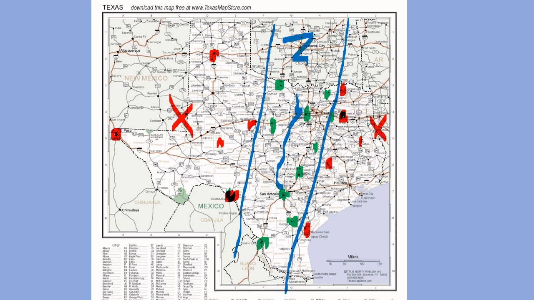After you've done this enough, you'll start seeing this pattern of this strip running across Texas and maybe even Oklahoma and New Mexico where it was a total eclipse. That's what you want to do, figure out the strip across Texas that it was a total eclipse.